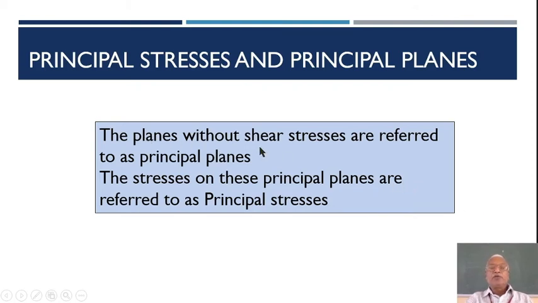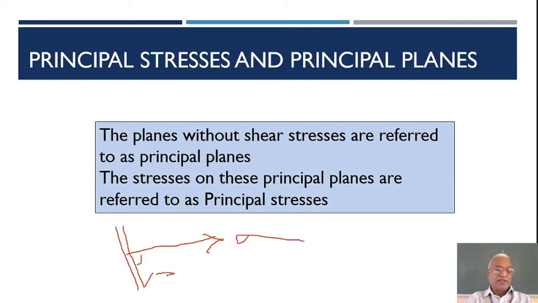One more thing: on any plane, you have studied that there will be normal stress and shear stress. There will be a normal stress perpendicular to the plane, which we have called sigma, maybe tensile, maybe compressive, and parallel to the plane there will be a tau which tries to rotate the element in a clockwise or anti-clockwise manner.